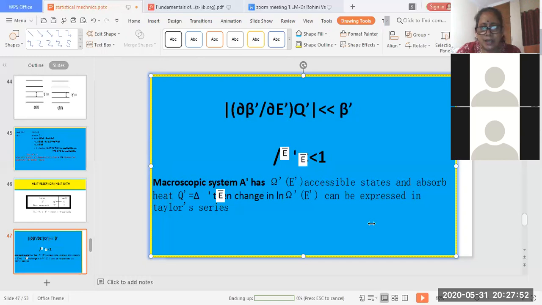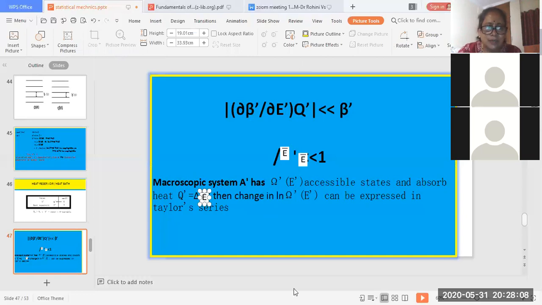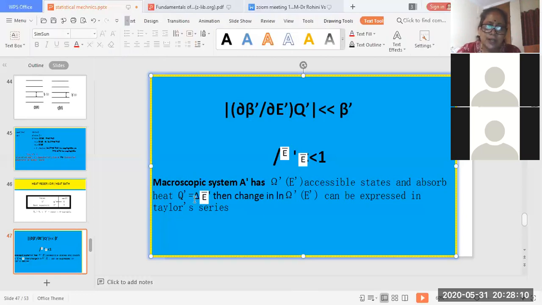You can see here the definition says that omega dash of E dash are the accessible states of the system A dash, and the absorbed heat is Q dash. So Q dash is nothing but delta E bar dash. Then the change in accessible states, that is the logarithmic change, can be expressed in terms of a Taylor series.